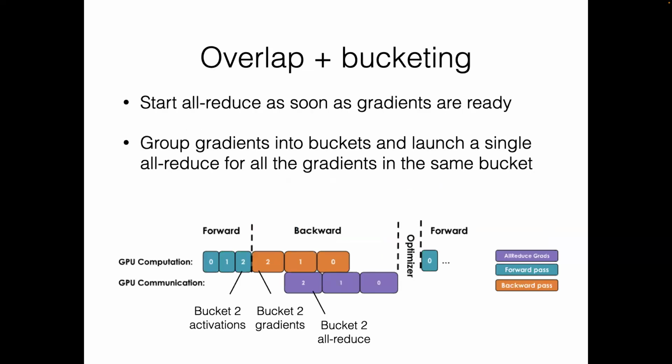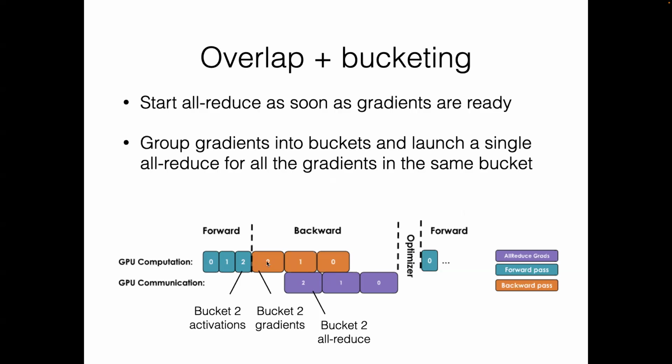So you can come up with different tricks. One trick is to overlap computation. What this would look like here is these numbers are the different layers of the model: layer 0, layer 1, layer 2.